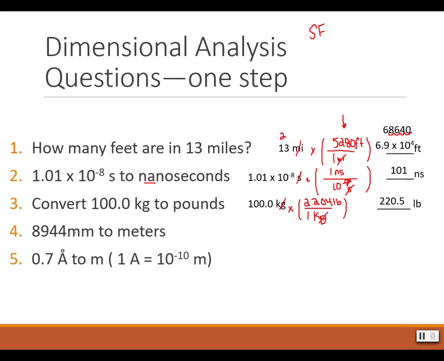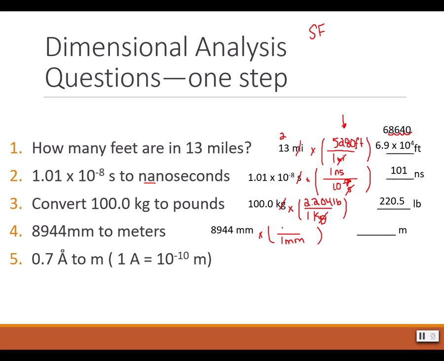2 more to go. Let's go from 8,944 millimeters, write down number and unit, and we're converting to meters. I see I've got meters in common. I've got that M prefix for milli, so I'm going to use that Greek prefix definition to do the conversion factor. My 1 millimeter will go in the denominator because that's the unit I need to cancel.